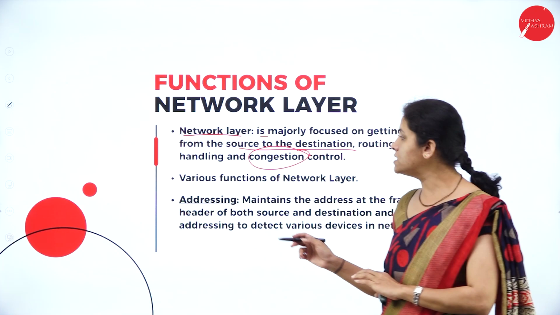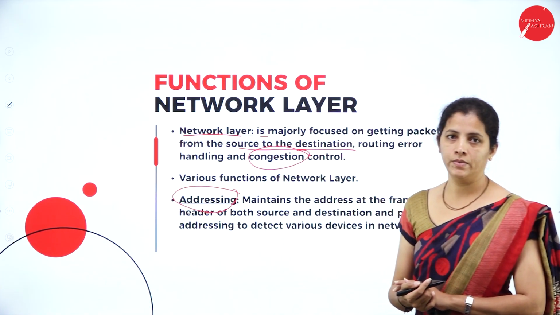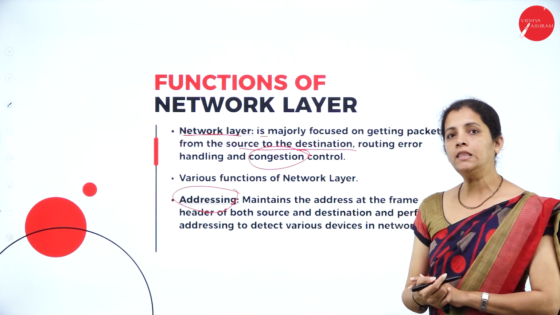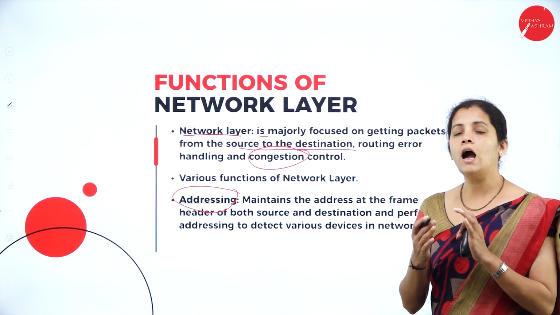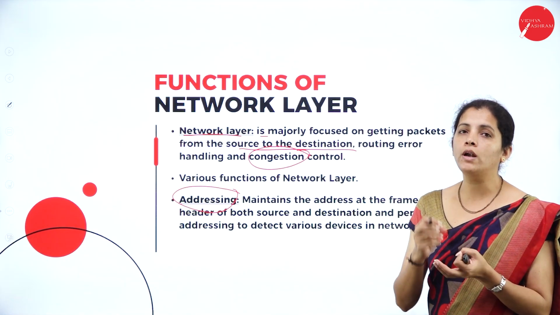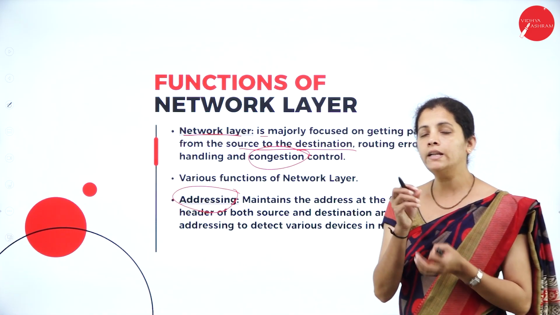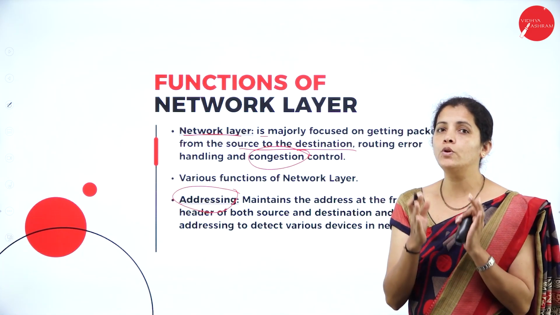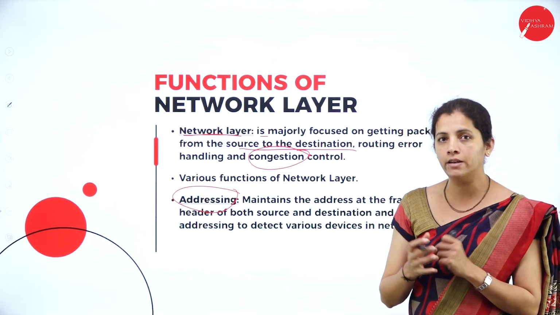So, what is the first function of network layer? That is addressing. So, dear student, think that if I want to send any letter, then how am I going to send it? What are the things I'm going to write? In my address part, I'm going to write the complete details about the sender.